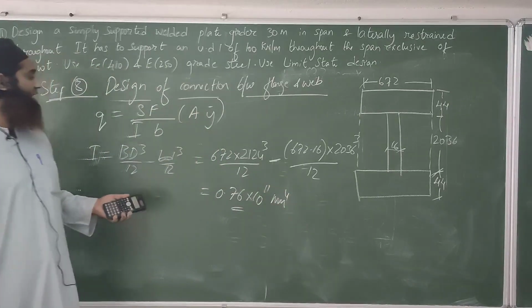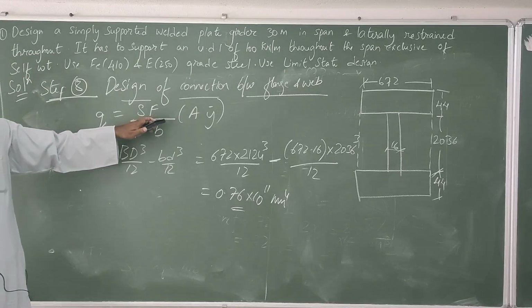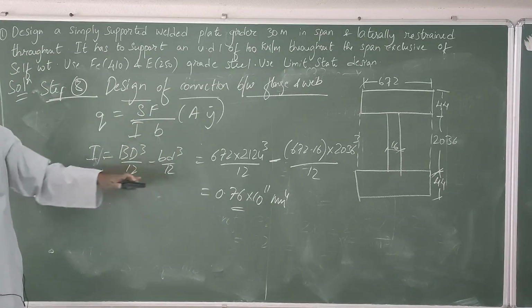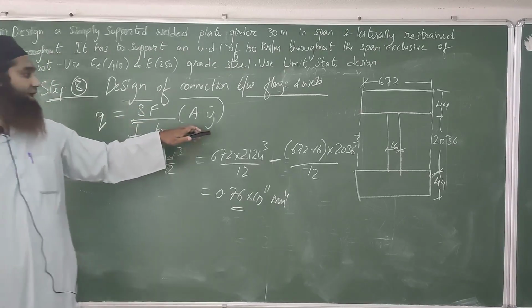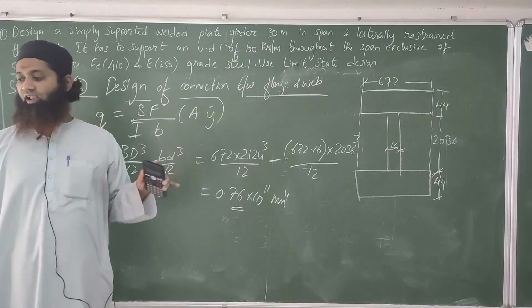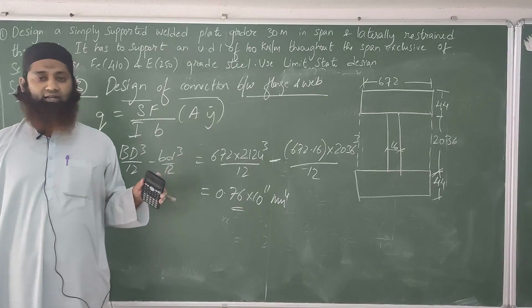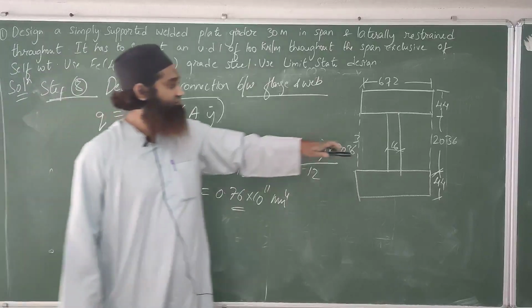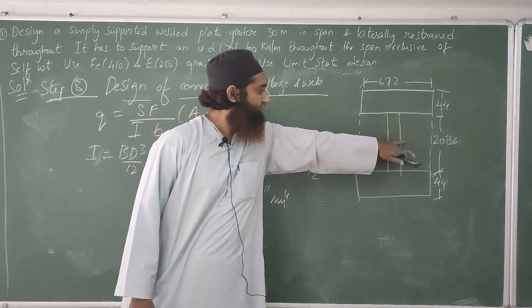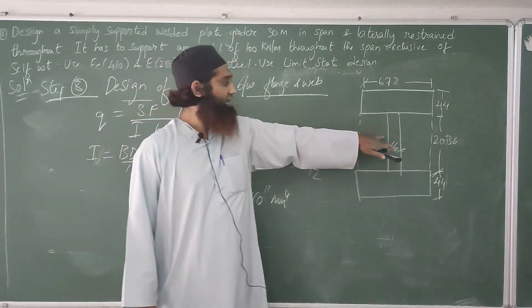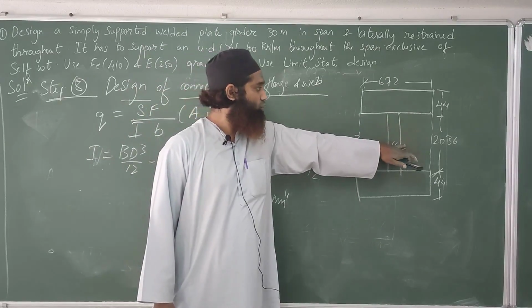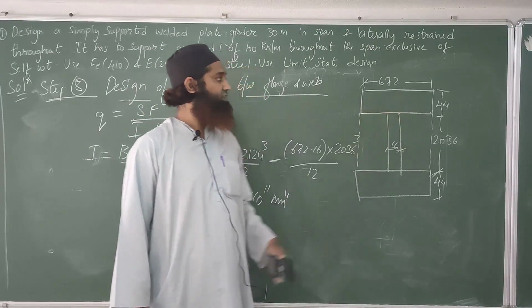So this is the I value. Shear force value VU I know, I value I have calculated, B is 1 mm. A is area of the flange, and what is the Y bar? We'll have to calculate the Y bar from the centroidal axis, that is 2036 by 2 plus 44 by 2.